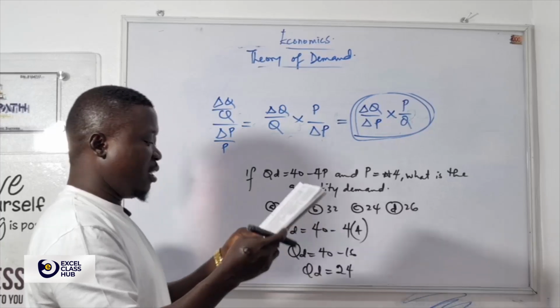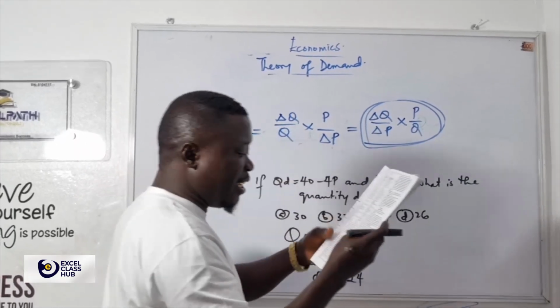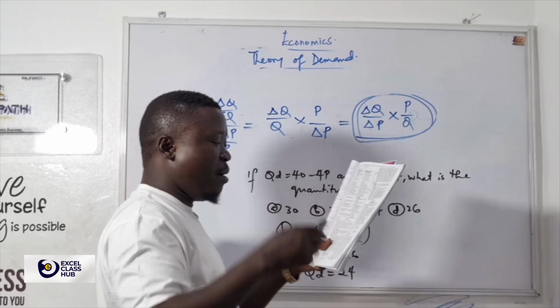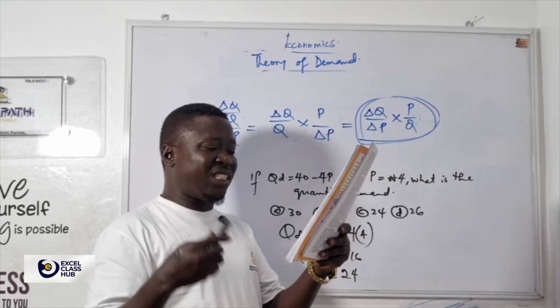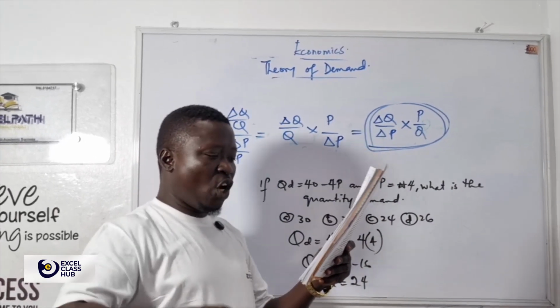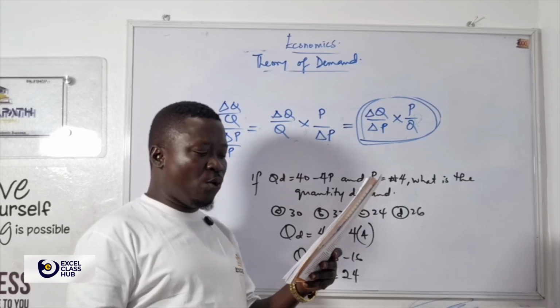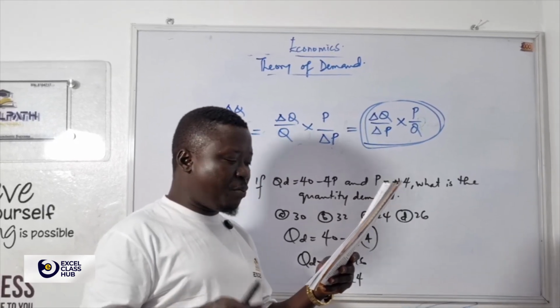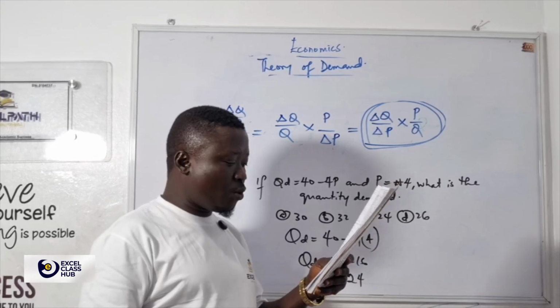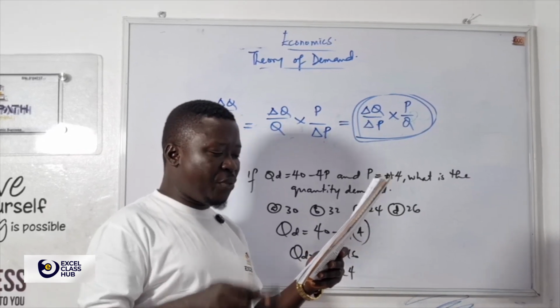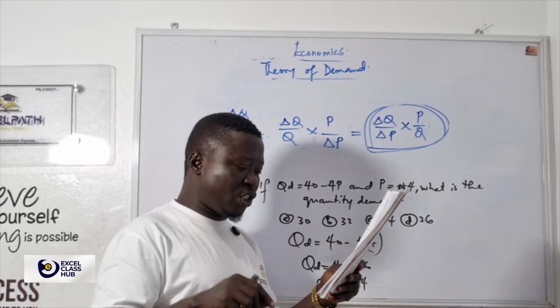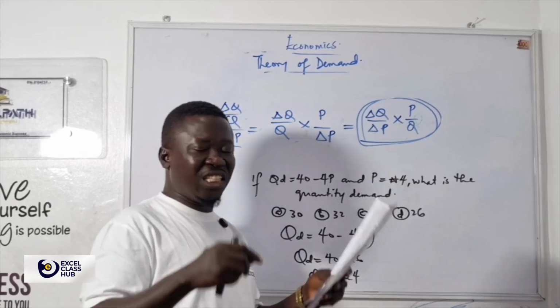The question says the numerical measure of elasticity is: option A, percentage change in quantity over percentage change in price. Option B, change in Q over change in P. Option C, percentage change in P over percentage change in Q. Option D, change in P over change in Q. Option E, change in P plus change in Q over change in P.